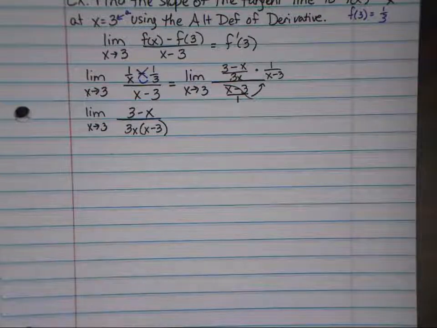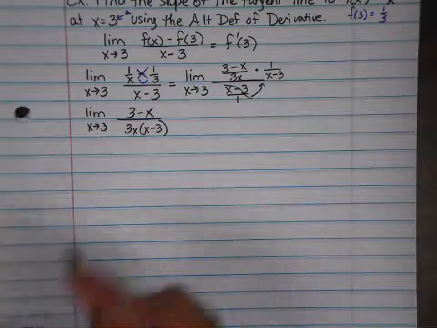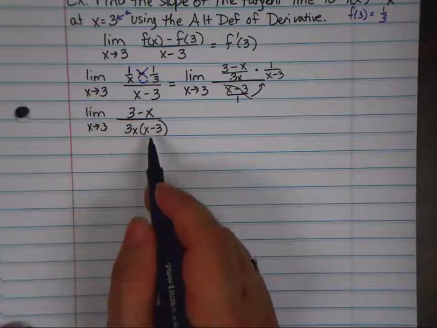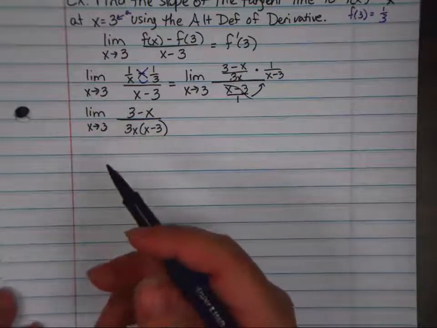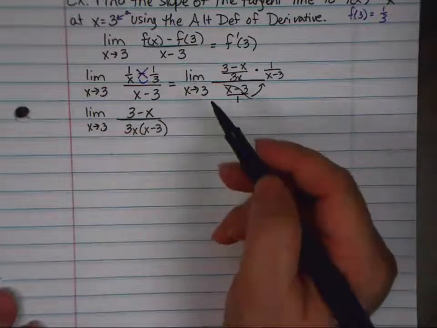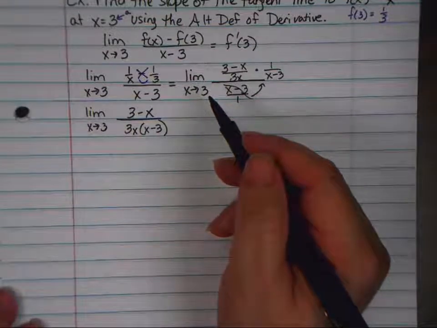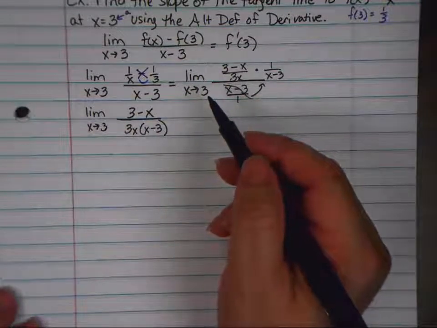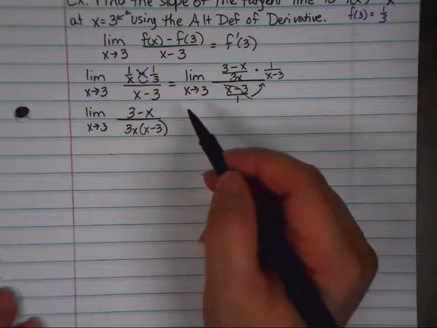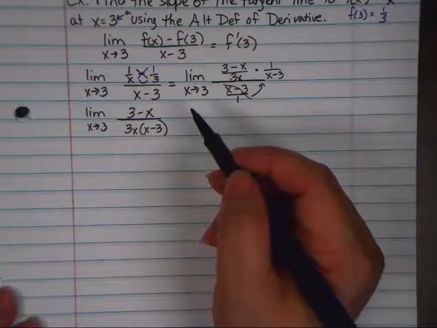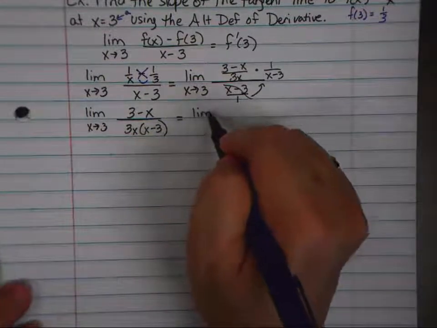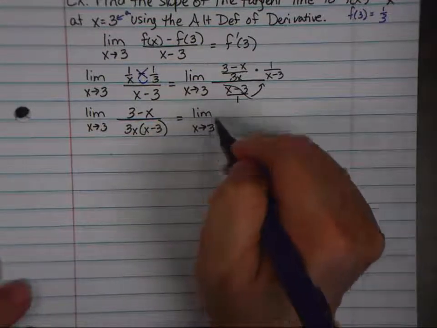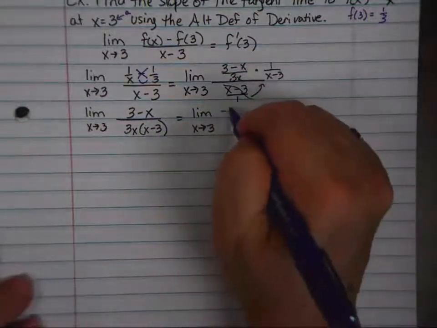If I plug in 3, am I still going to get 0 over 0? 0 on top, 0 on the bottom. Yep, I still am. So something has to cancel. Can I cancel 3 minus x with x minus 3? Are they the same thing? No. Very good. Is there a way I can make them the same thing? How? Factor out a negative 1. If something is backwards, you factor out a negative 1. So we're going to factor a negative 1 out of the top.